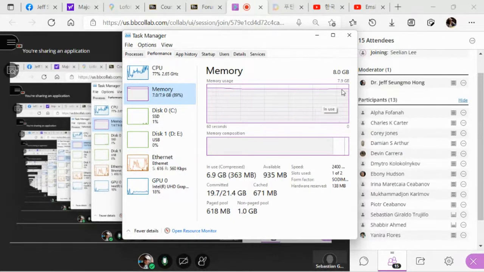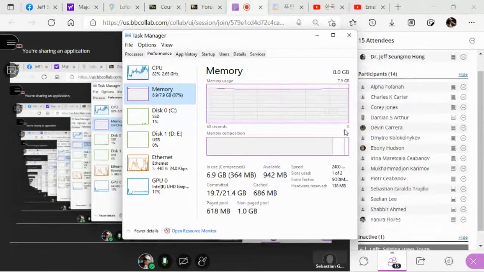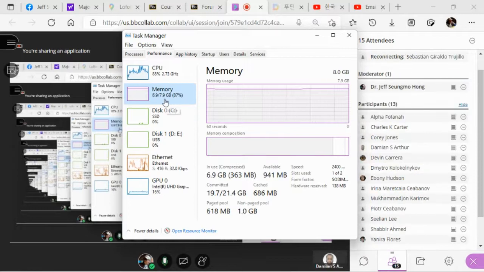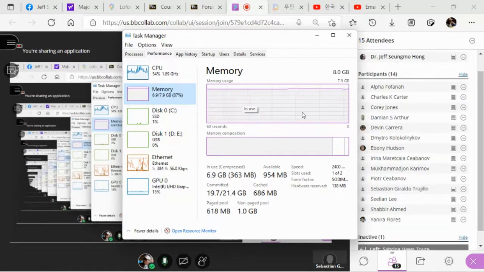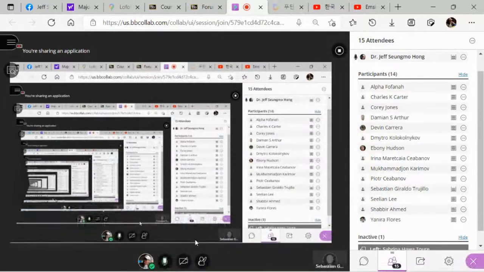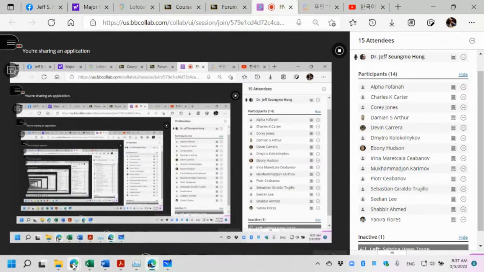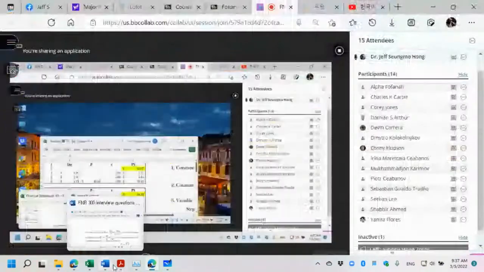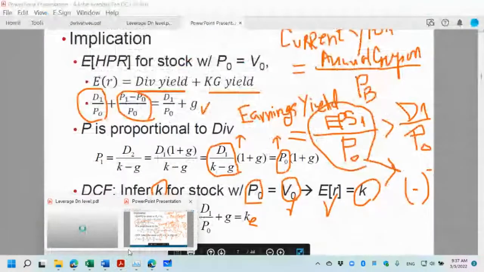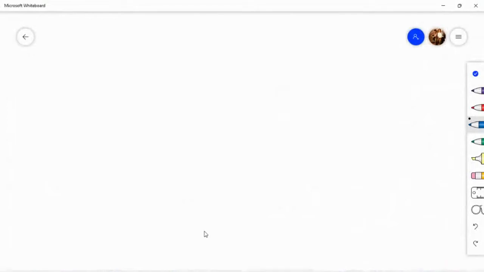I have 8 GB of RAM, and I barely have 1 GB left. So that means my computer is using too much. Now I see it. Okay, good. So sometimes refreshing the browser would help. If too many windows are open, too many things are open, that's taking up a lot of memory.